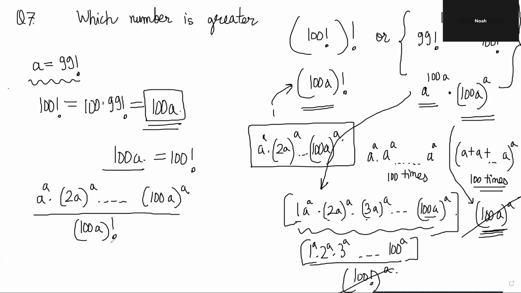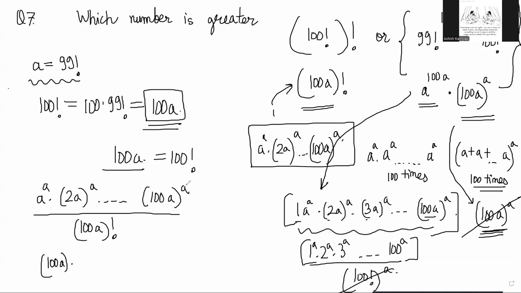So I think what I will do is 100A factorial, which will be 100A times 100A minus 1 and so on.